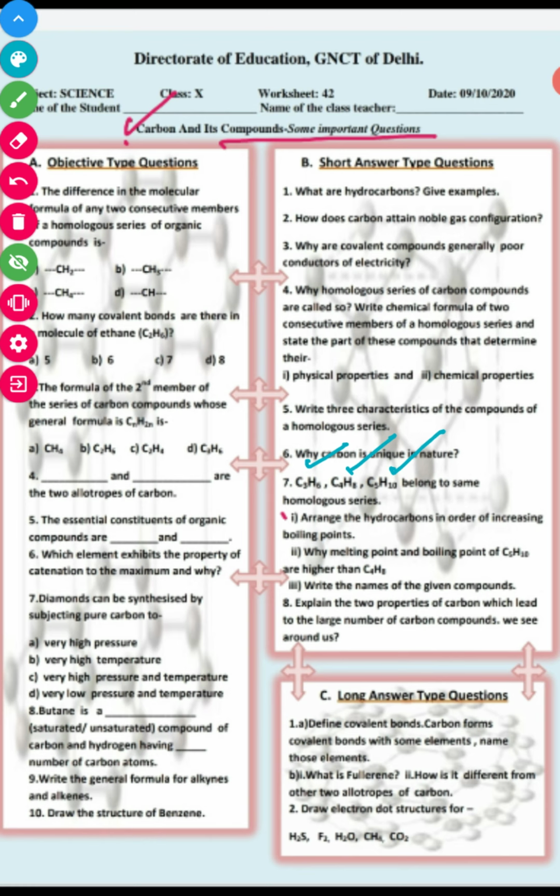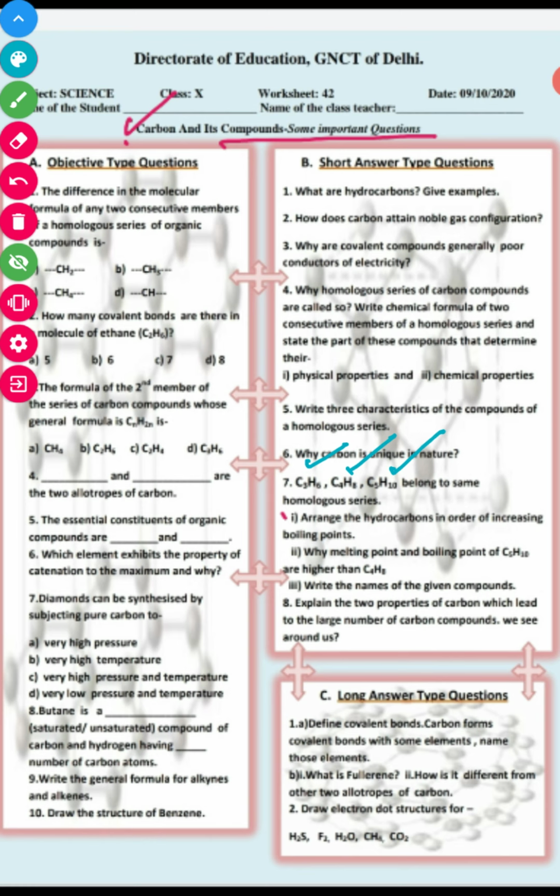This is a unique property of carbon which is called catenation, and it has 4 valency which is called tetravalent. So catenation and tetravalency are the two most important properties of the carbon which make the large number of compounds.